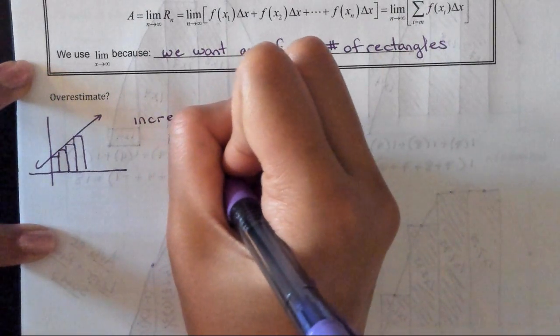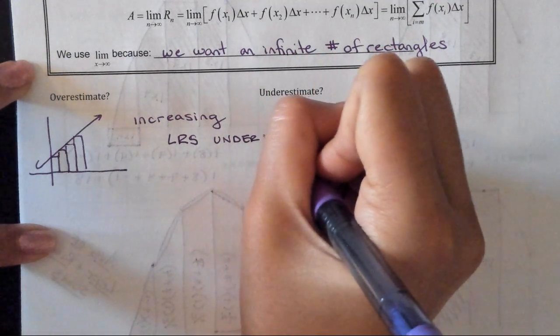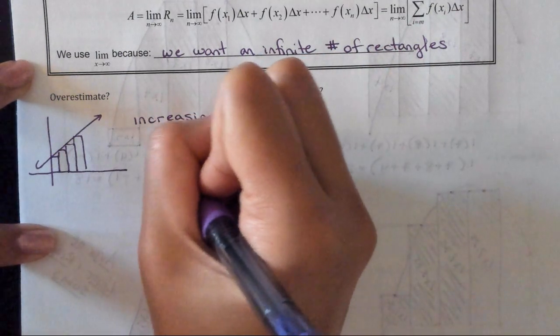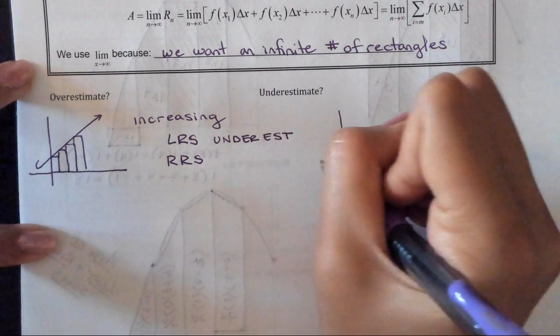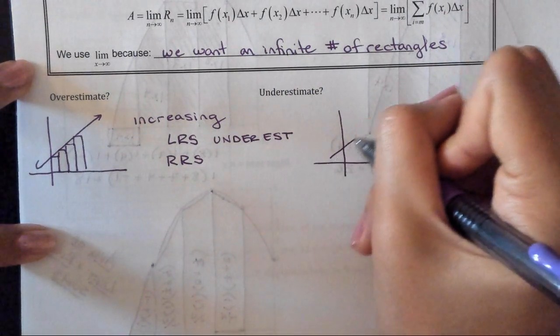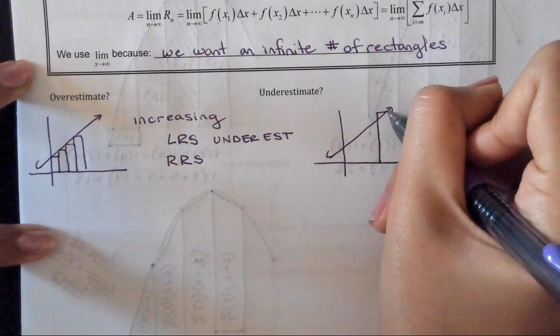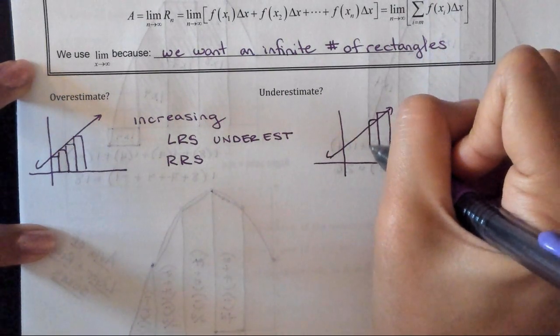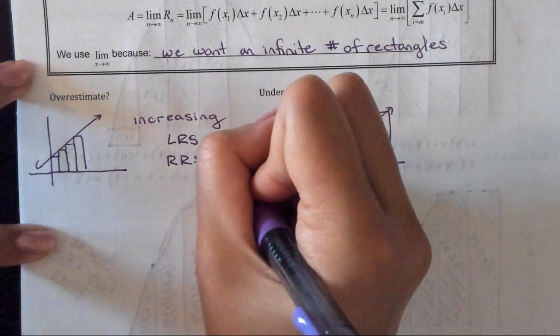Left Riemann sum, underestimate. A right Riemann sum will do the opposite. It will overestimate, because just look at this graph. So if we're increasing, and if I did a right Riemann sum, I'm coming in from the right. That's an overestimate.